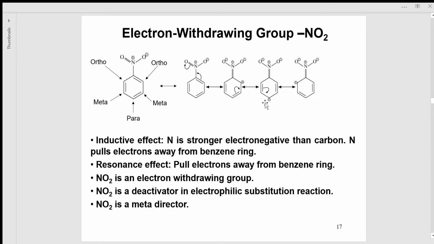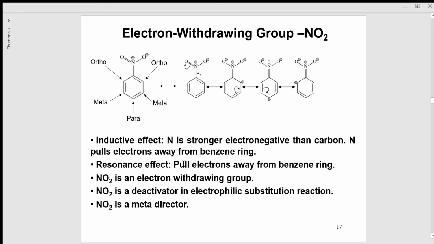If we check the second or third resonance structure, they all have a carbon which bears a positive charge, which means the resonance structures pull the electron away from the benzene ring.